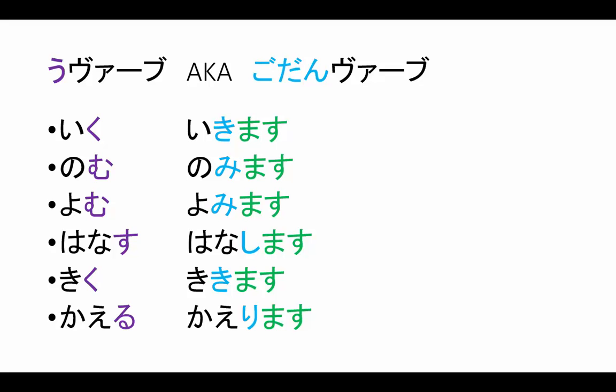If you start swapping your particles around and putting them in the wrong places, then you get crazy sentences. If you switch your particles wa and o, you could accidentally say that the sushi ate your grandmother. So you do have to be careful.